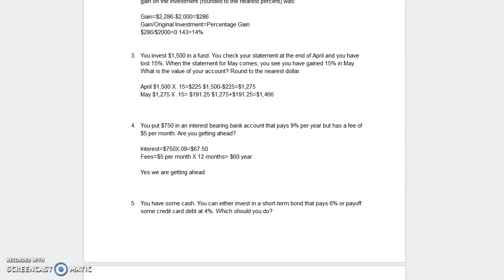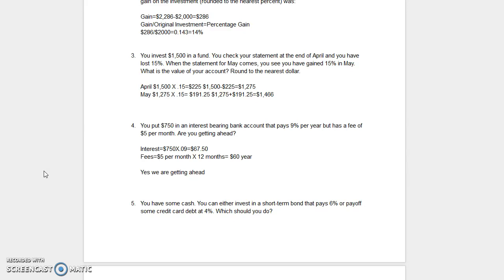The last problem here, we are simply going to look at 2 things. You have some cash and you can either invest in a short-term bond that pays 6% or pay off some credit card debt at 4%. What should you do? Well, the answer is simple. You simply look at what is paying the highest percentage or what percentage is the highest when we're looking at debt.